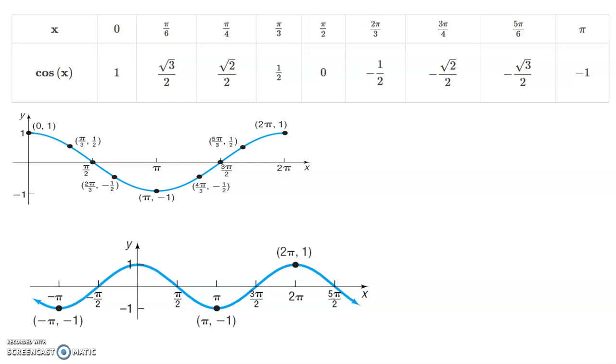Let's go ahead and take a look at our cosine graph. And I'm going to do the same thing as the last one. I'm going to pick a couple degree measures to work with. So let's take a look at an x value of 0 degrees, and plug that into our cosine function.